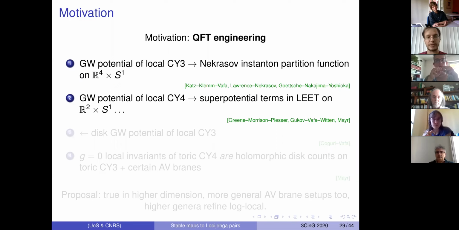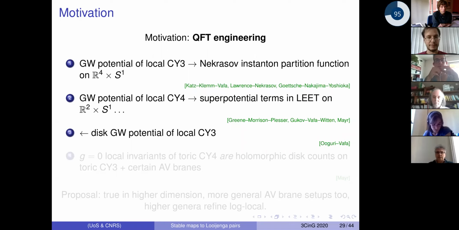In this case, the effective theory is some 2-dimensional quantum field theory with N=2 supersymmetry, or in case of M-theory compactification, an N=2 theory on R2 times S1. And the genus 0 Gromov-Witten potential for the local Calabi-Yau 4-fold computes some effective superpotential term in this quantum field theory.